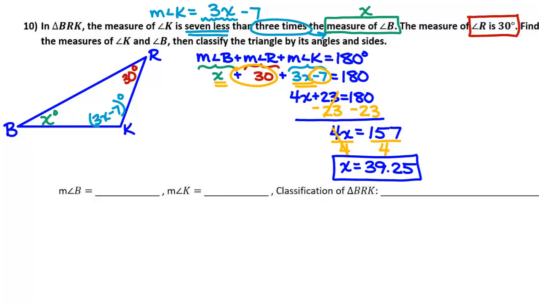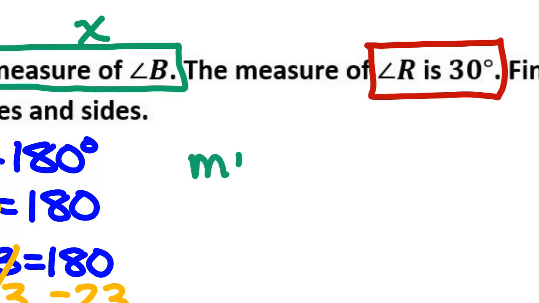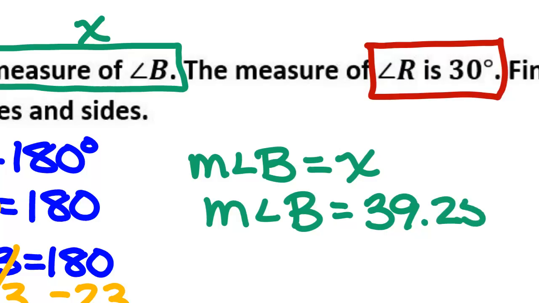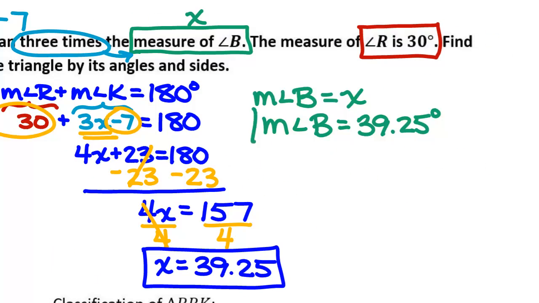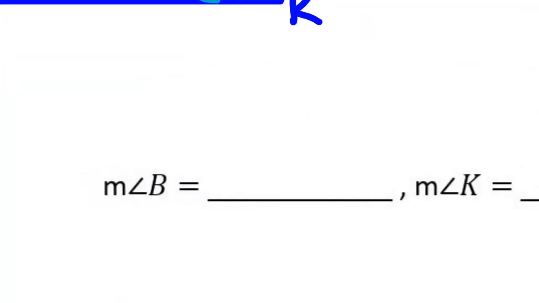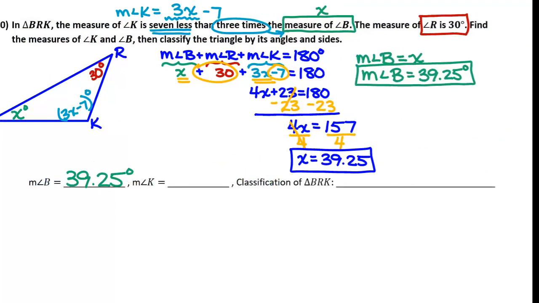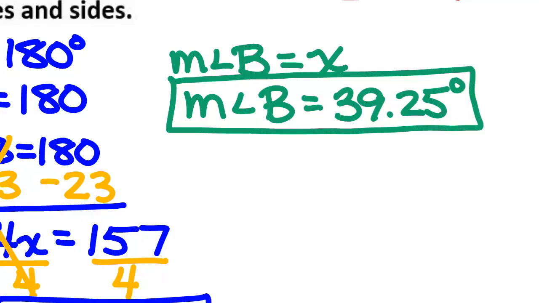All right, so now we need to find the measures of angles B and K. How big is angle B? 39.25. The measurement of angle B is equal to X. So that would be 39.25 degrees. The measure of angle K is 3x minus 7 degrees.